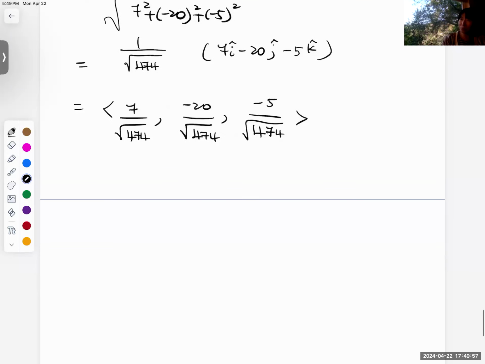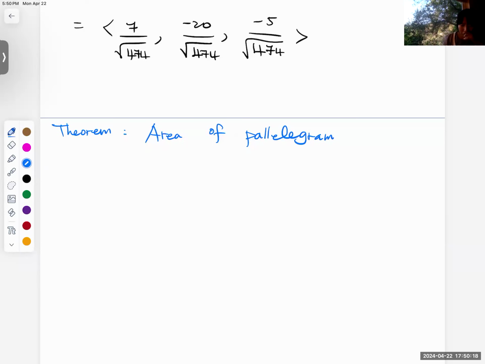Okay, so area of parallelogram. So this side is the same, right? Haha, it looks like a rectangle.